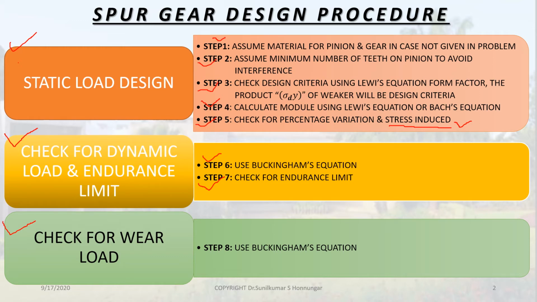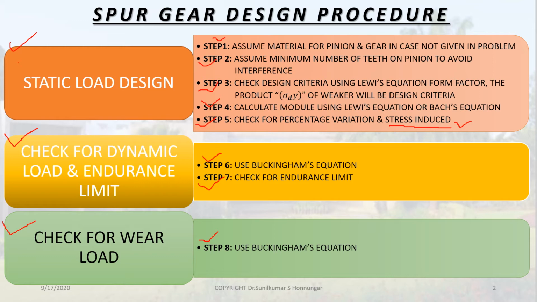And lastly it is going to be wear load. And again remember, it is the last step, which is very simple, and there is no ambiguity. Ambiguity means, in the previous steps up to step number 7, whichever is the weaker part, either the pinion or the gear, for that only you will be doing the design check for static load and dynamic load. What does that mean?